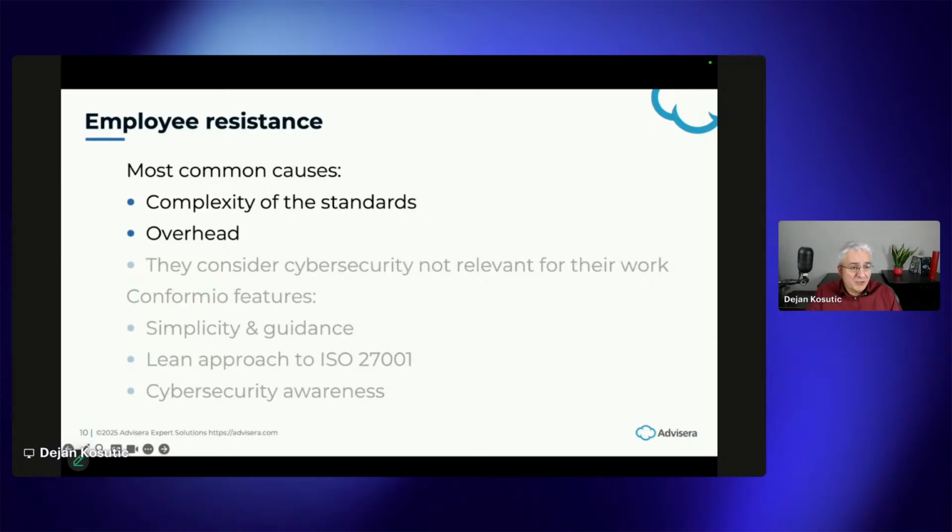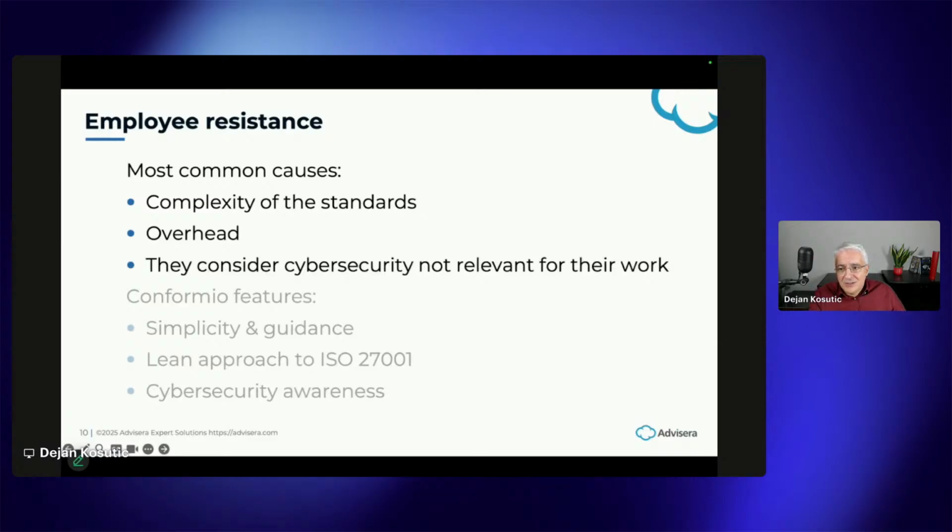So it doesn't make sense for a standard to prescribe these things, which means you are writing your own rules, and if you want to avoid overhead, then do not write things that do not make sense. If you're a smaller company and there are no larger risks, it might make sense to do the backup, I don't know, once a day for your main systems, and write it like this. Why would you write that you have to do the backup every hour when you can do it every 24 hours?